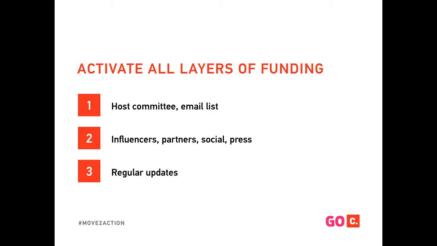Similar to Megan's advice, you want to plan for making an update every 5 days or so, and for these updates to be very short, to the point, and newsworthy, so that it's easy for people to be inclined to share this news with their friends and family. And that's how you can really keep your fundraising campaign fresh.